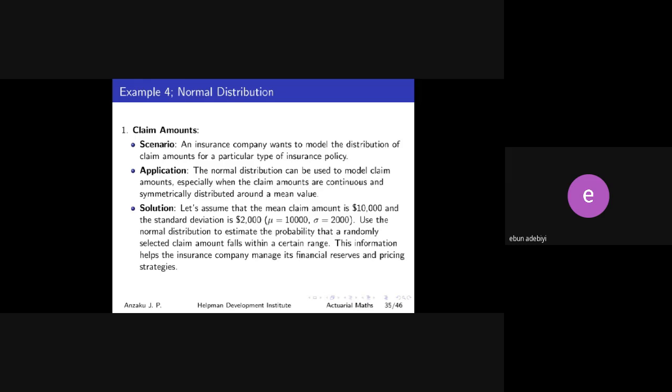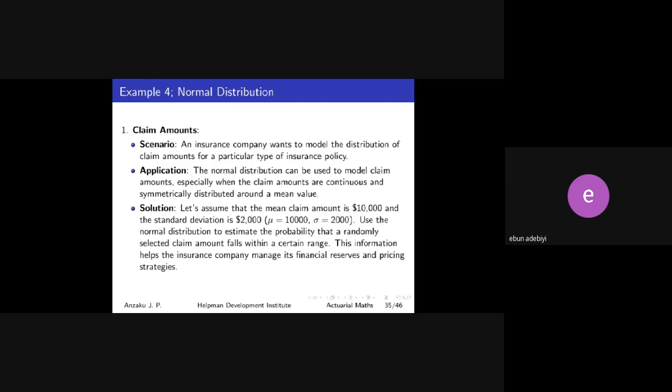So they want to measure the distribution or behavior of claim amounts for a particular type of insurance policy. It may be life insurance, health insurance, motor insurance, or even emerging insurance like cyber insurance and so forth. So this is the application now.